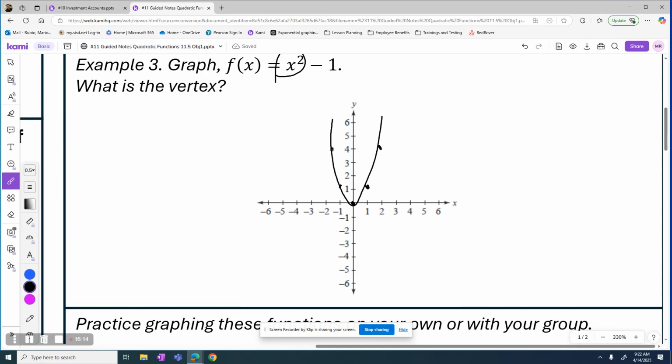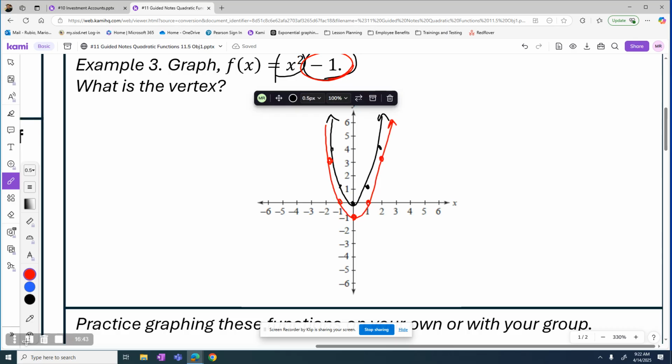If this is x squared, all of these points are going to go down 1 unit, because that's a -1. I don't need to do the table. I already know for sure everything here is going to go down 1. So that goes down 1, these go down 1, these go down 1, and that's my new graph.